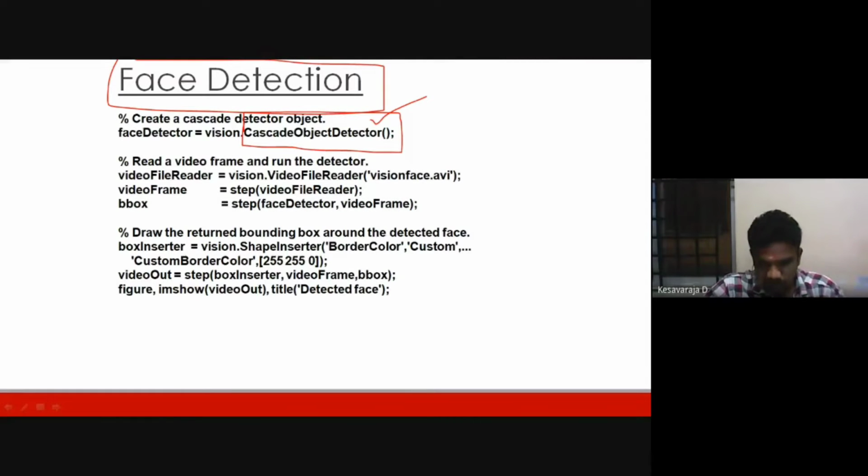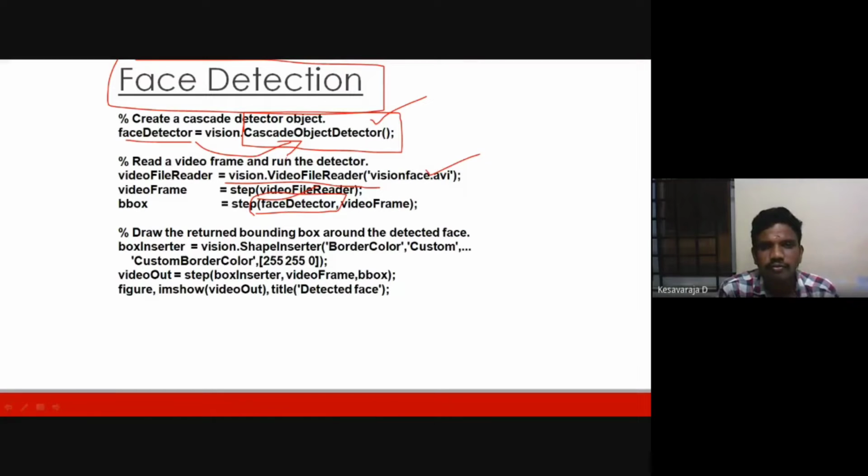Similarly, vision.VideoFileReader is chosen to read a video. Step reads the video. The face detector is a handler for vision.CascadeObjectDetector, which, with the help of this constructor, automatically detects a human face.